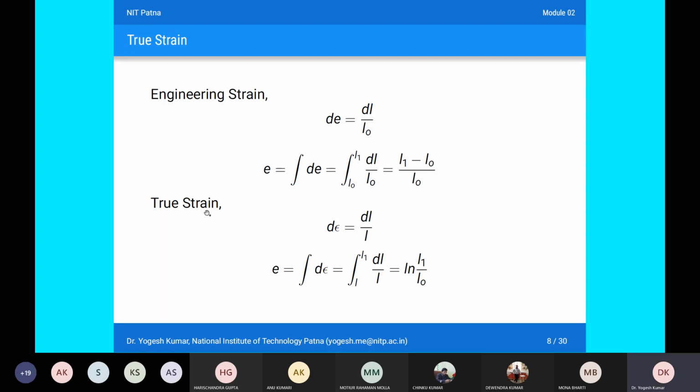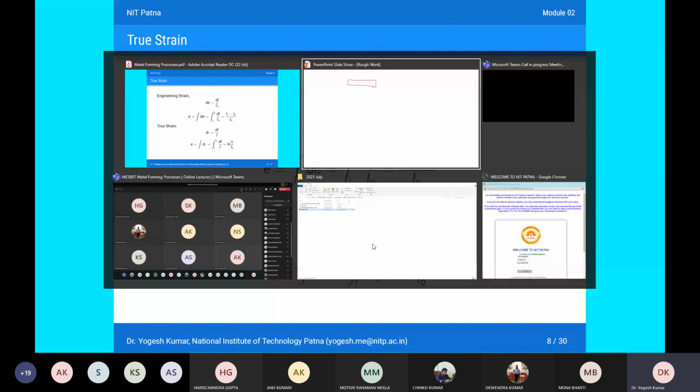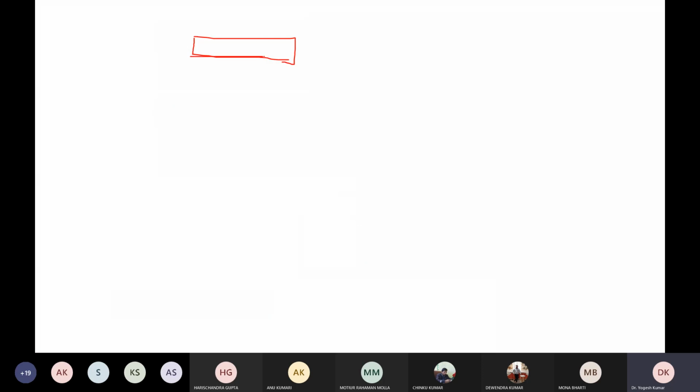Okay. Now try to see the true strain. In the case of true strain, it would be d epsilon is equal to DL over L. So what is L here? Suppose this is your metal strip of initial length LO, and it has reached a value L, and you are still applying some force. You are trying to increase the length of your test specimen.